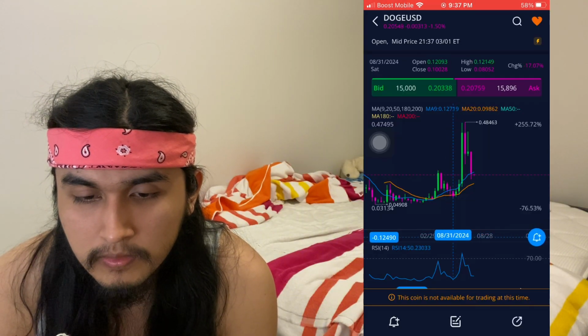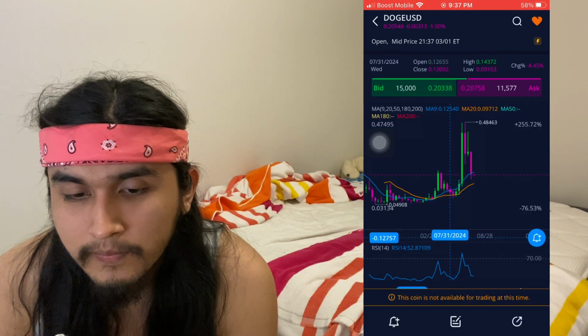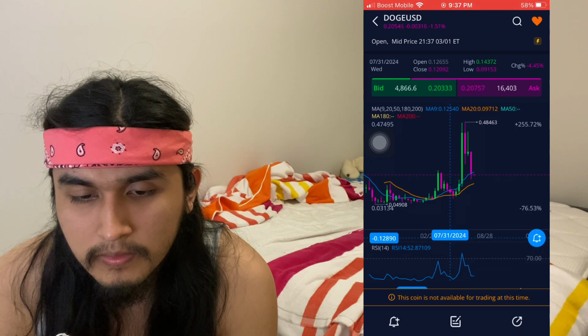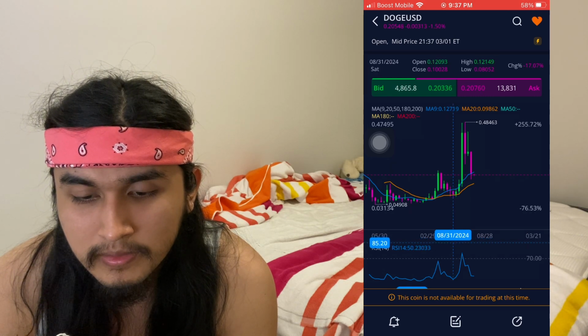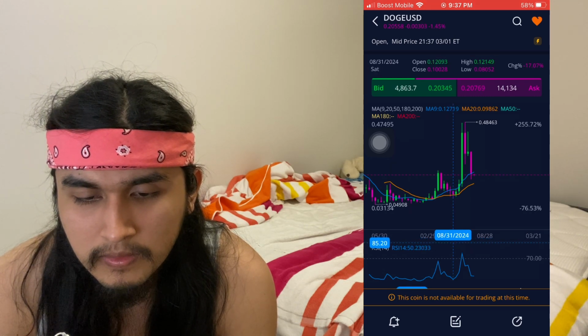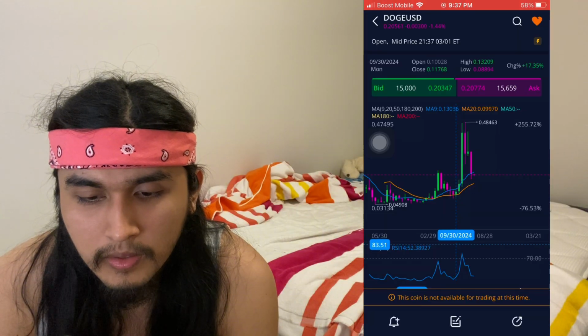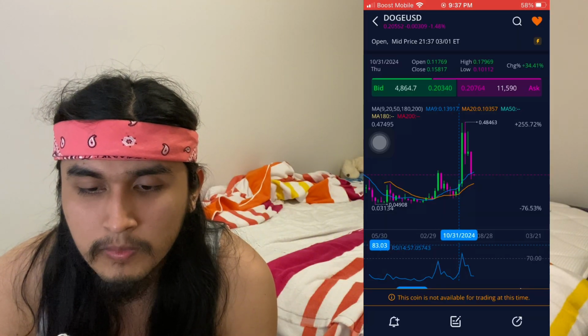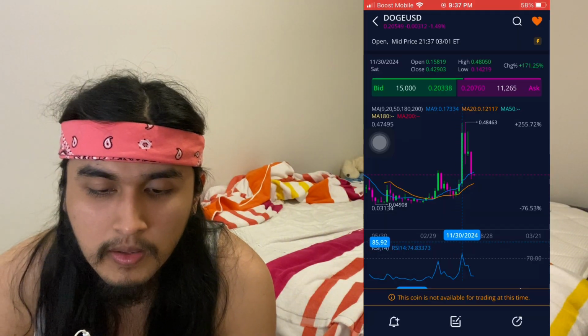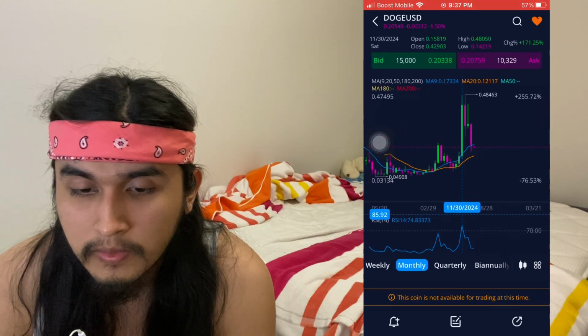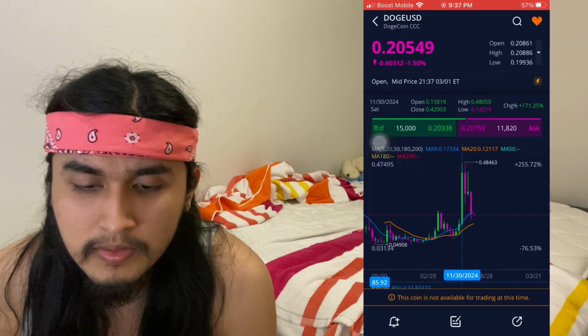Looking at it, last year July, August, September, October, basically used the 20-day moving average as support on the monthly chart. So we'll have to see what happens, honestly.